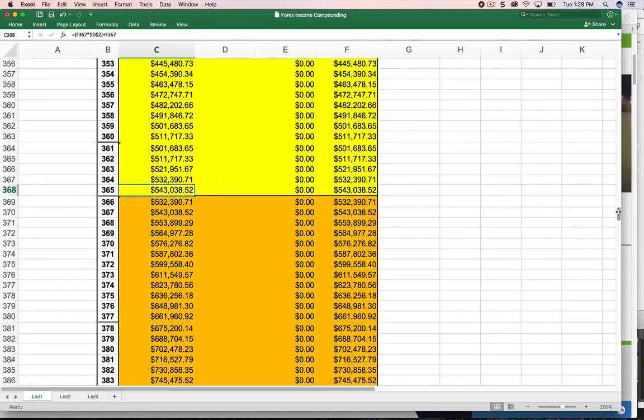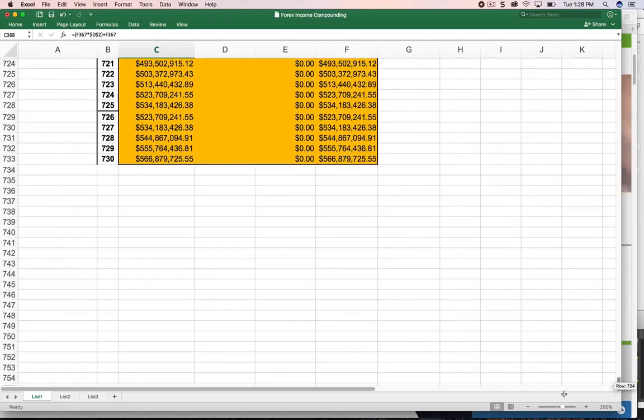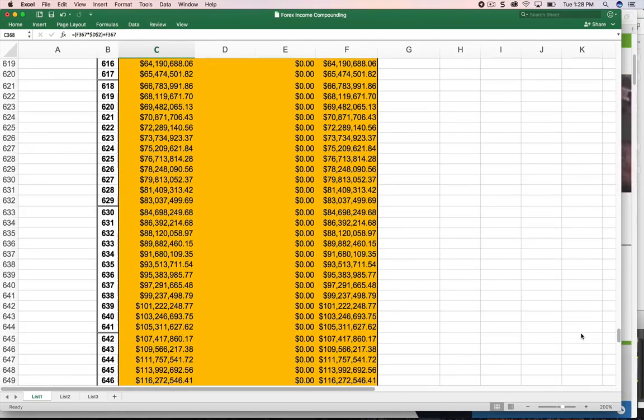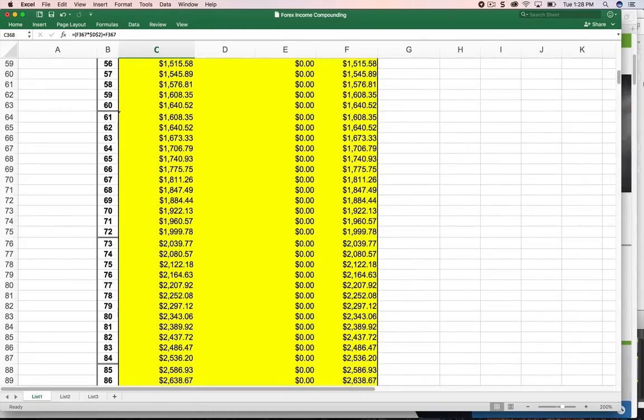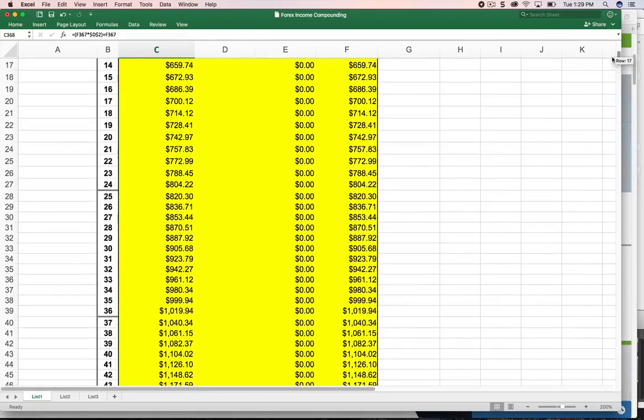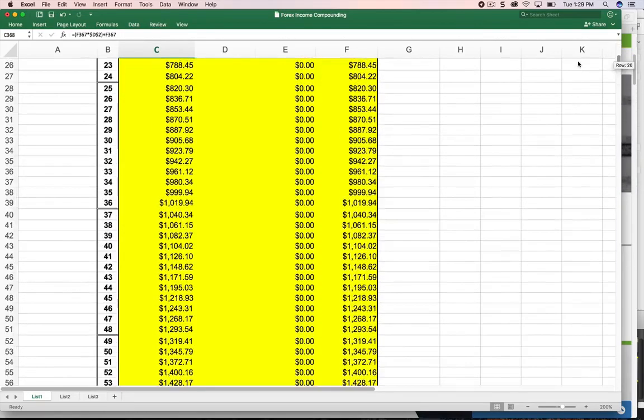In 2 years, you have 500 million. That's if you do it perfectly. But again, your results will vary. This is compounding interest, assuming that you don't withdraw from the account, and this is on 730 days or 365 days.